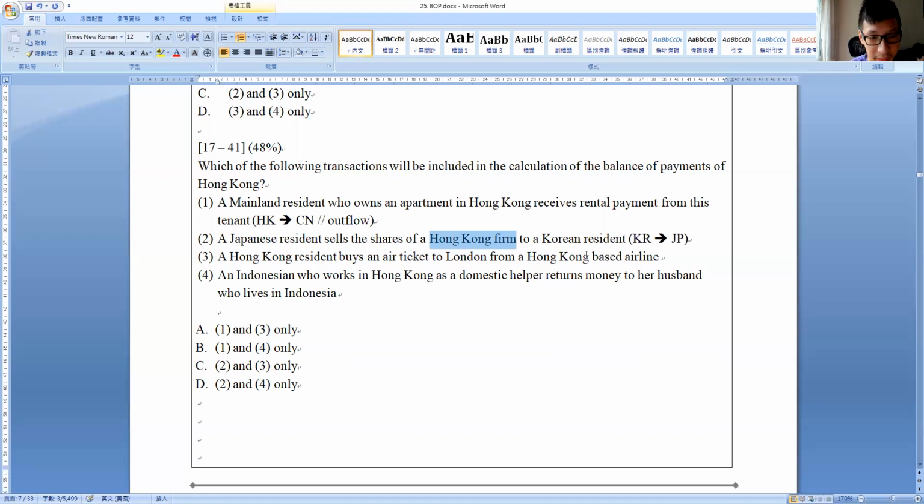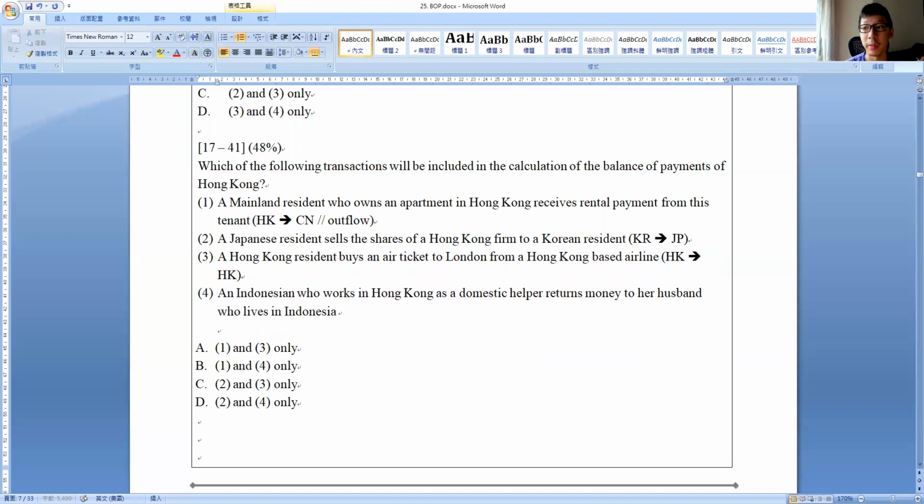Okay, the third one. A Hong Kong resident buys an air ticket to London from a Hong Kong-based airline. Look, now there is a Hong Kong person paying money to a Hong Kong company. This is money from a Hong Kong resident to a Hong Kong company. Okay, you don't care about London, right?